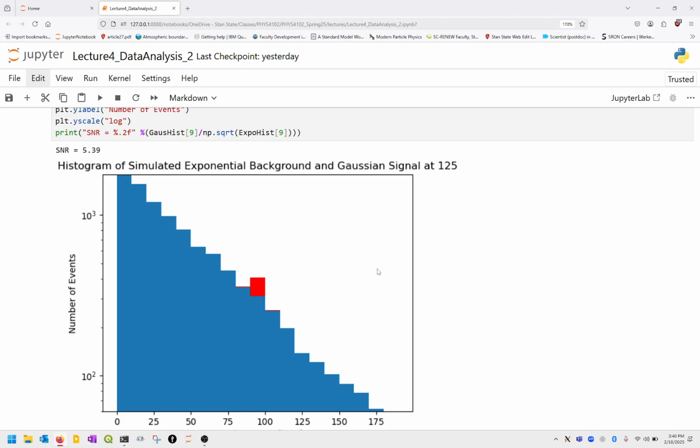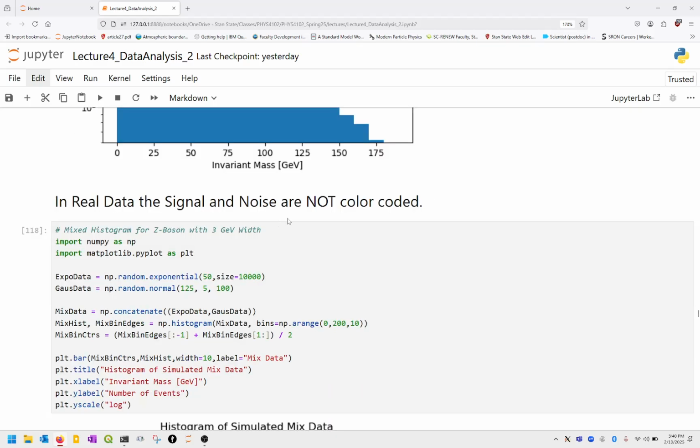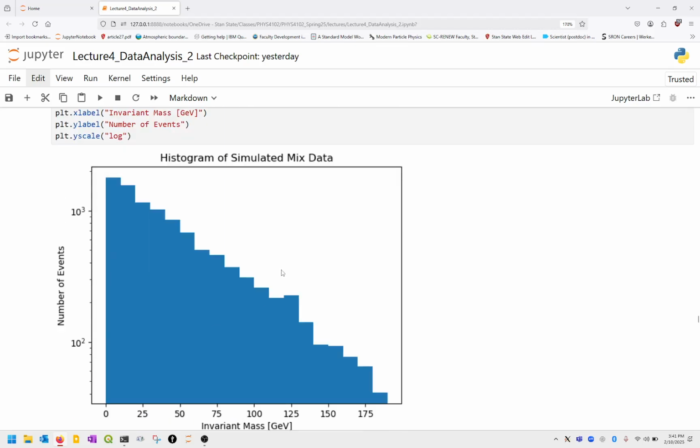But in real data, the signal and the noise, your data is not color coded. In real life, you get this instead. Because you know where the answer is, you kind of know where it is. Did I generate a 95 or a 125 in this case? 125.